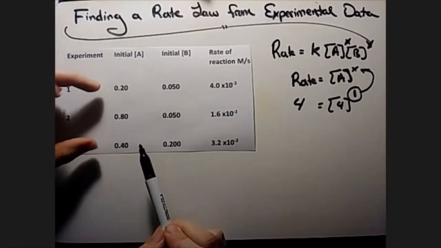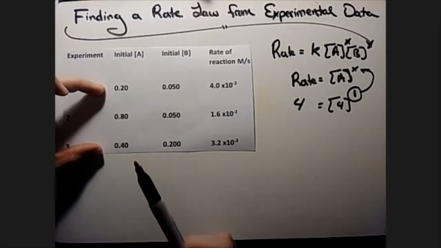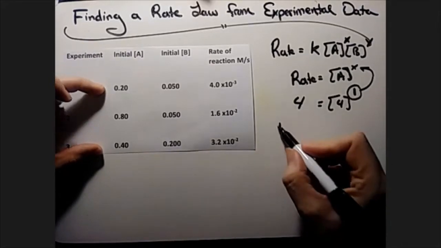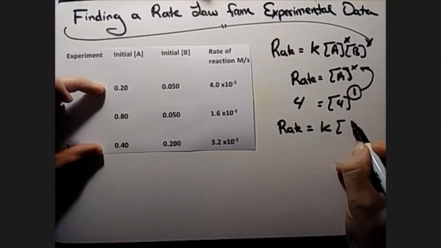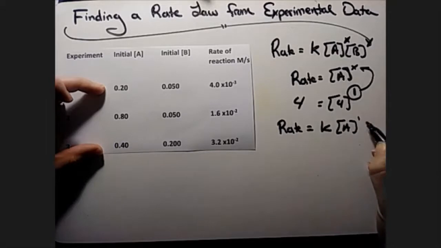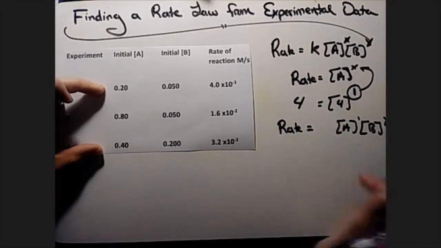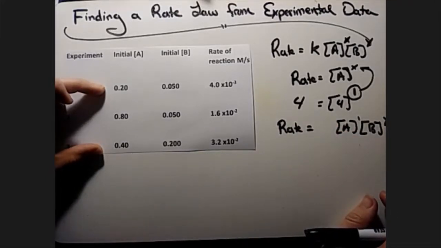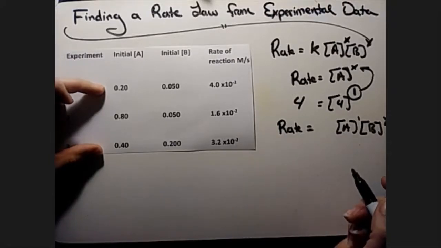So I think I'm going to go ahead and look at experiment 1 to experiment 2. So for this one, I know that rate equals K times A to the first and B to the I don't know what. Now we're not going to include K as part of this because quite honestly, it's a constant and it's okay. We're just kind of showing proportionally what's happening to the overall rate.